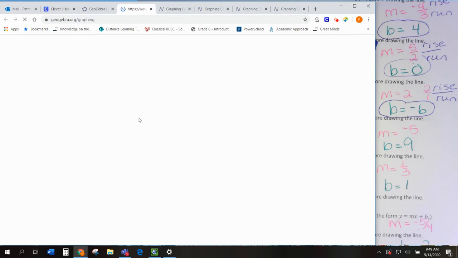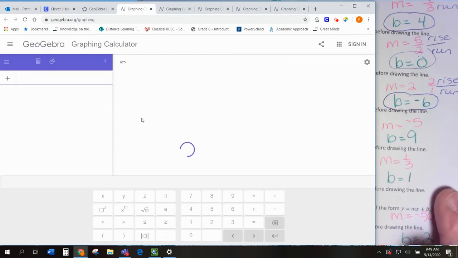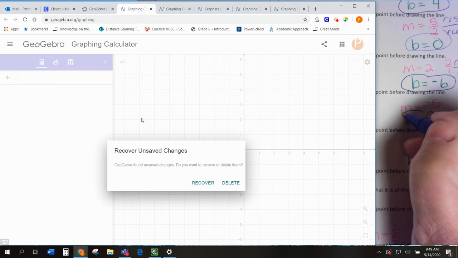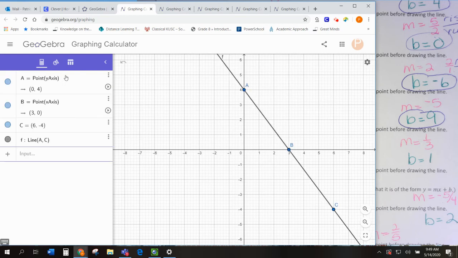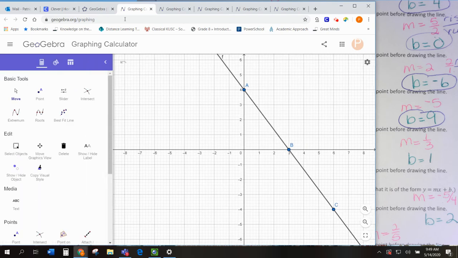And then we are going to do our line. Let's go on to number 6. Number 6. What is our y-intercept? 9. Our y-intercept is 9.